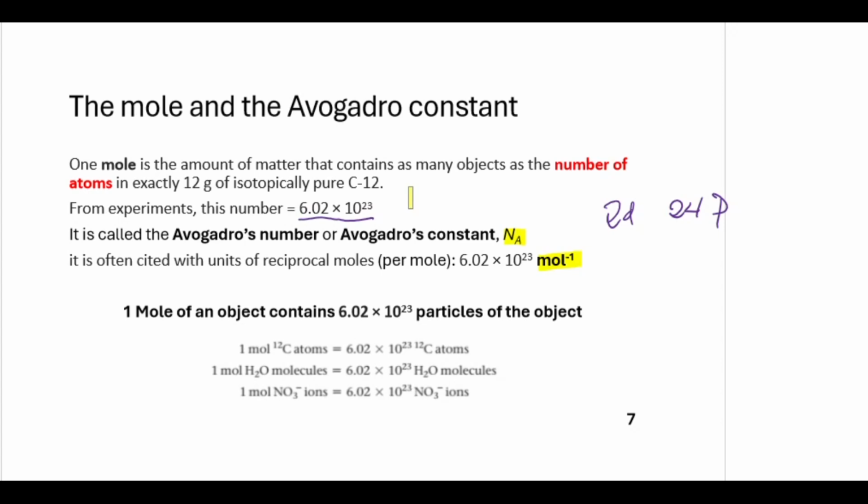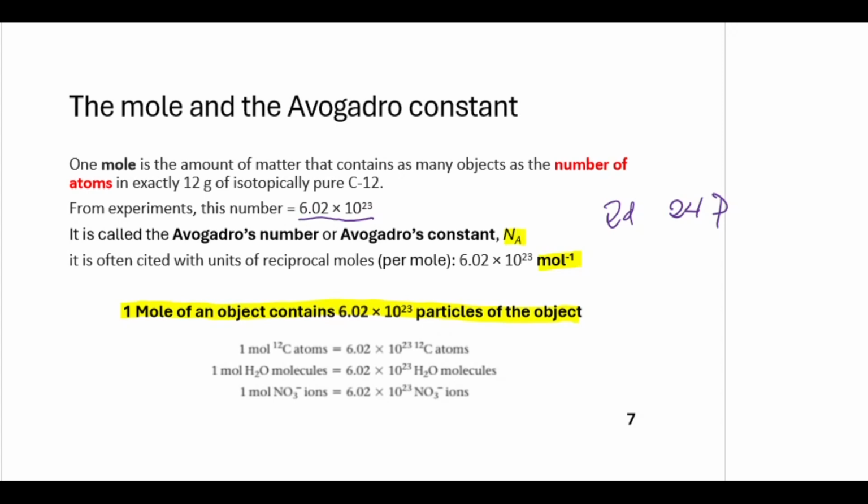So let's look at this. This relationship is very important. If you have 1 mole of an object, think of having 1 dozen pieces of pencil. When we say 1 dozen of pencil, and you count how many pencils you have in 1 dozen, you are going to have 12 pencils.